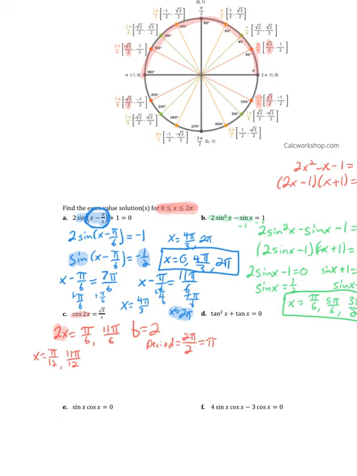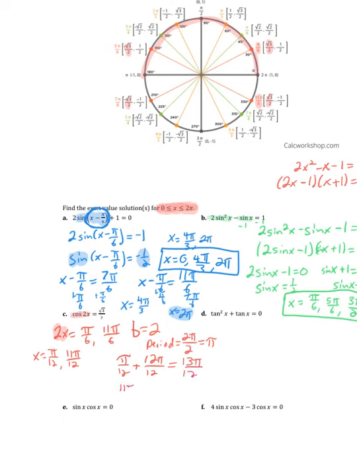So what I need to do then is add pi to each of these values. So for example, I can say pi over 12 plus pi. Or pi is the same thing as 12 pi over 12, which makes 13 pi over 12. That's going to be another value that falls inside the interval.